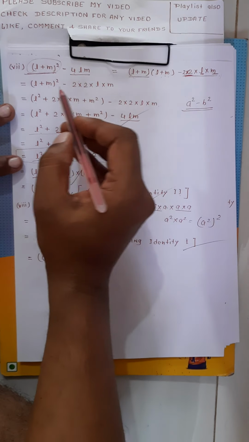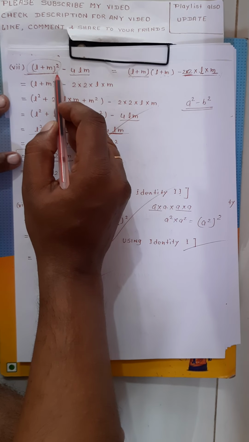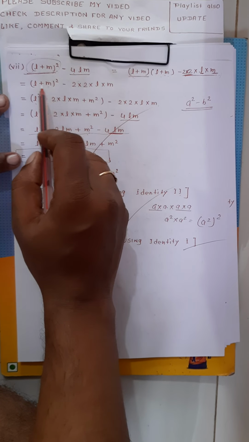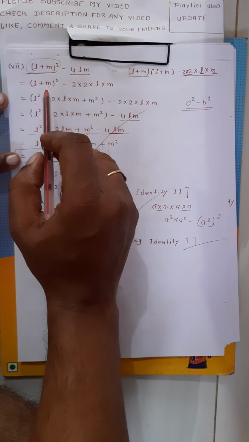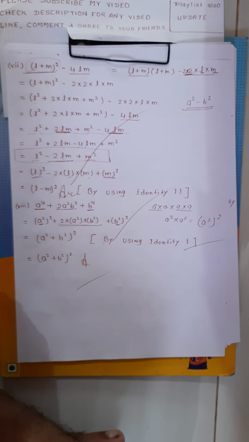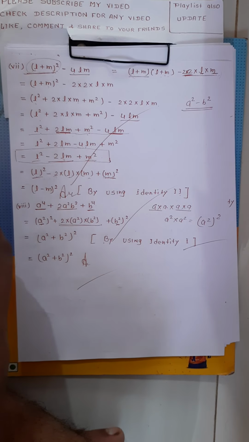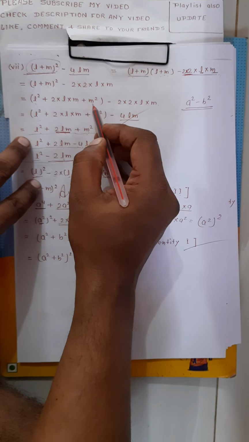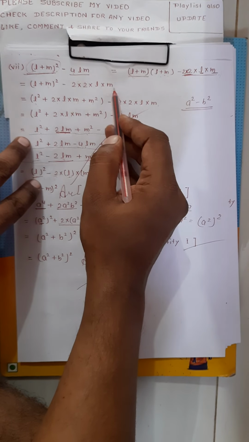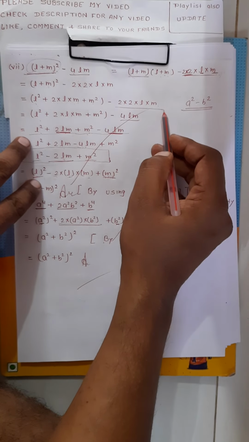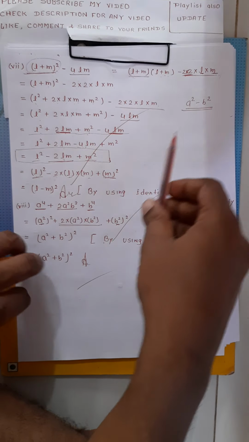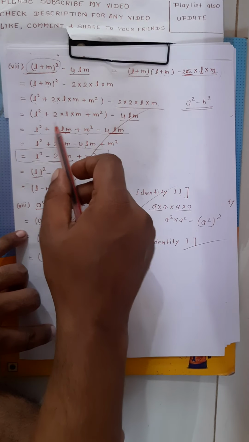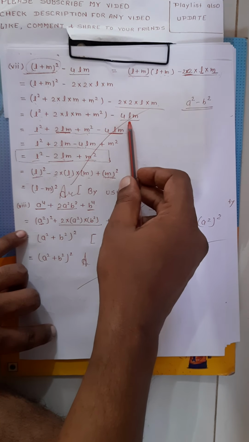So the whole square of (l plus m) means l square plus 2lm. This expands on the formula (a plus b) whole square equals a square plus 2ab plus b square, that means l square plus 2lm plus m square, and for the 2 into 2 into l into m our value will be the same. Now our value becomes l square plus 2 into l into m plus m square minus 4lm.